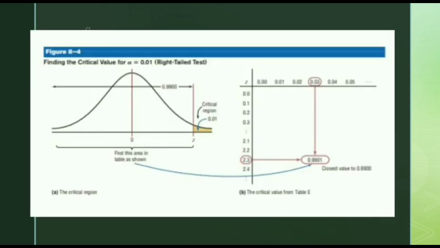Finding the critical value for an alpha equal to 0.01 right-tailed test. Since right-tailed test, dapita siya sa positive value sa mga x's.